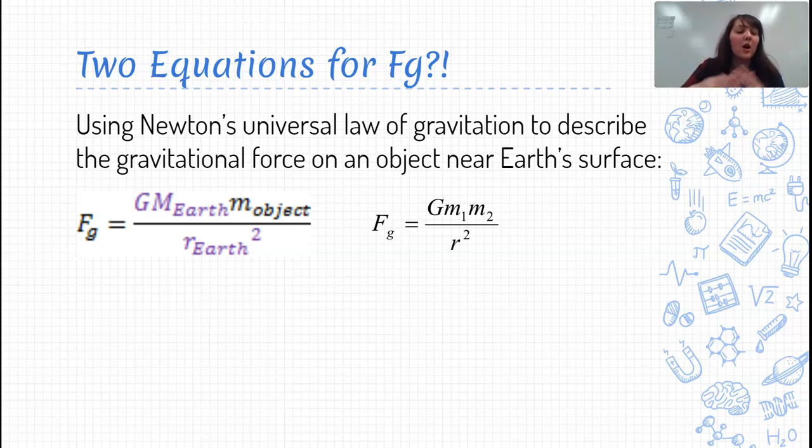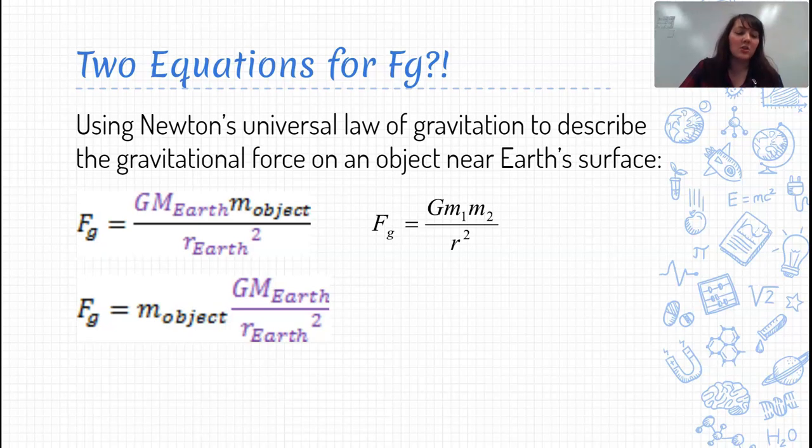Now, for all objects, the gravitational constant stays the same. The mass of Earth still stays the same, and the radius of Earth still stays the same. Okay, so what I'm going to do is rearrange this equation a little bit, pull the mass of the object out, because that's really the one thing that changes for different objects located here on Earth. So then that gravitational force is equal to the mass of the object times G times the mass of the Earth divided by the radius of the Earth squared.